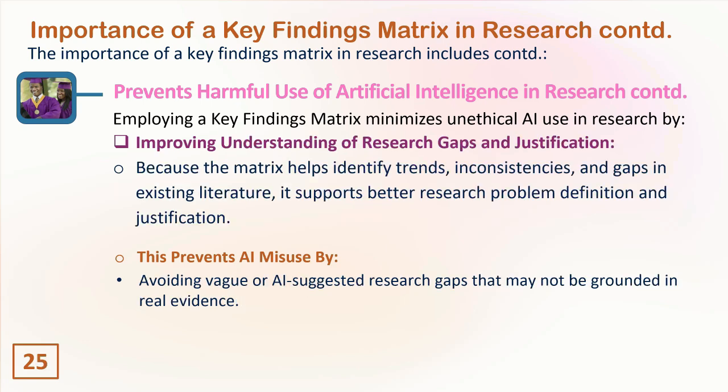Finally, a key findings matrix minimizes unethical AI use in research by improving understanding of research gaps and justification. Because the matrix helps identify trends, inconsistencies, and gaps in existing literature, it supports better research problem definition and justification. This prevents AI misuse by avoiding vague or AI-suggested research gaps that may not be grounded in real evidence.